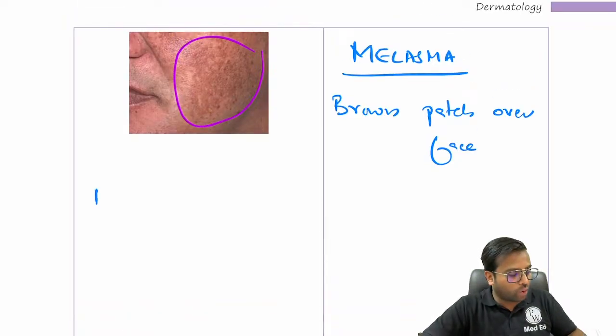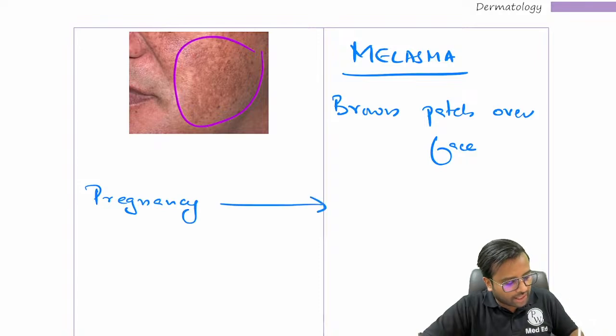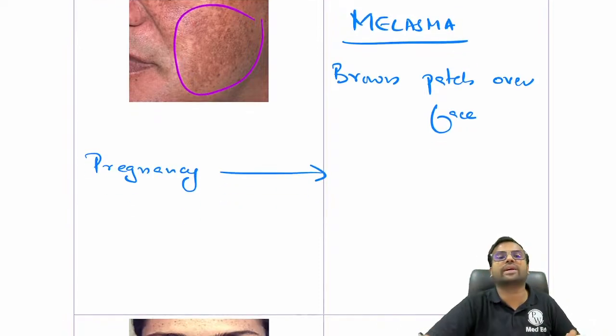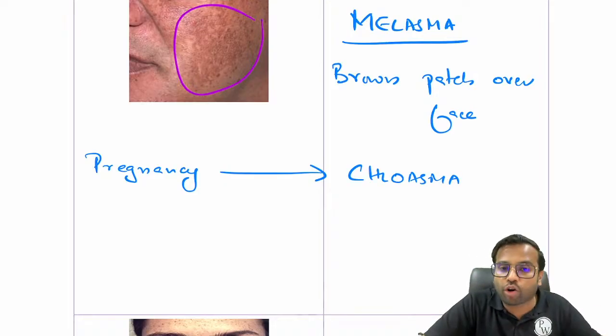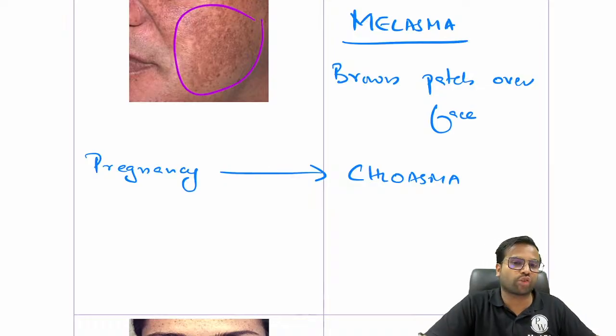Now, what about in pregnancy? In pregnancy, if a patient gets melasma, does it have any peculiar name? Yeah, Soya says that this is called cloasma, or the mask of pregnancy.